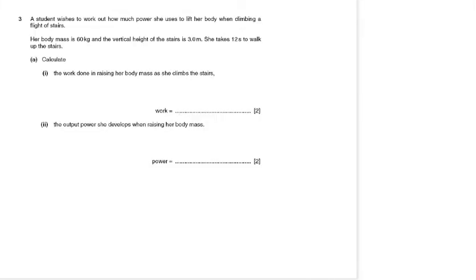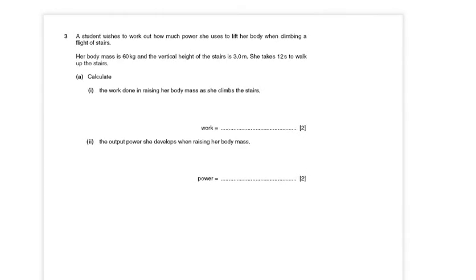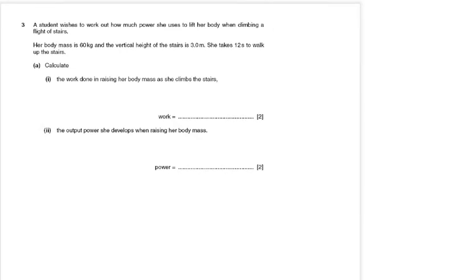All right, and last one here. I want to do some actual work with numbers. If you have a calculator, grab it and follow along. We have a student who wants to find out how much power she uses when she lifts her body by climbing a flight of stairs. Her body mass is 60 kilograms, and you might remember that weight is equal to mass times g.